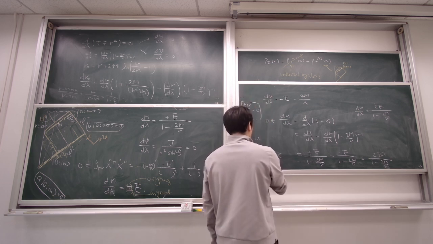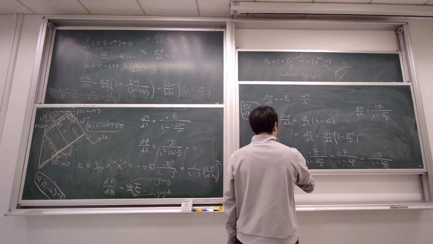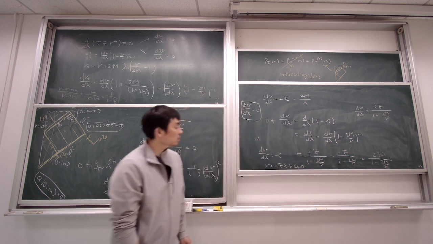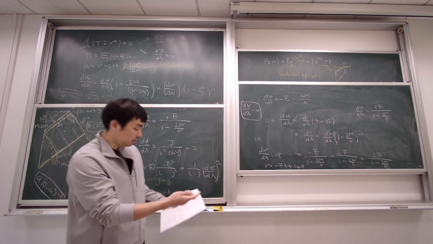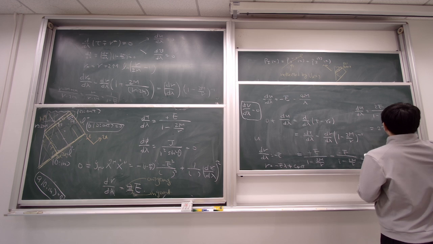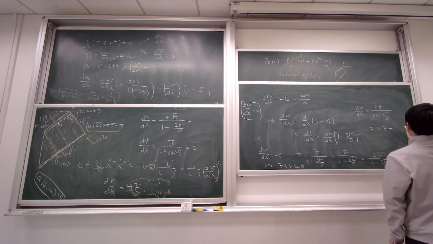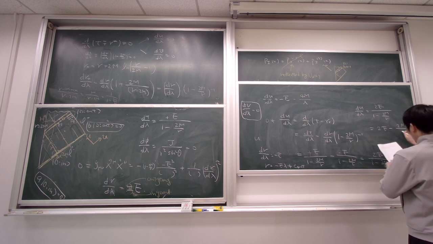So r should be equal to minus epsilon lambda minus e plus some constant. Okay, so that's the case. And plugged into here, 2e, then you get a 2m over lambda.